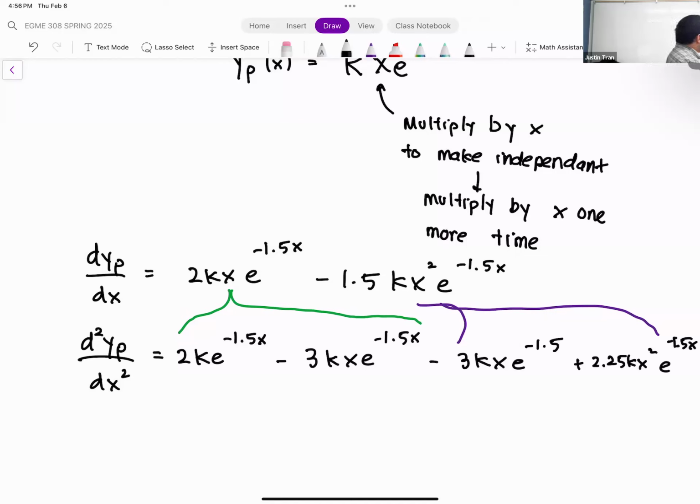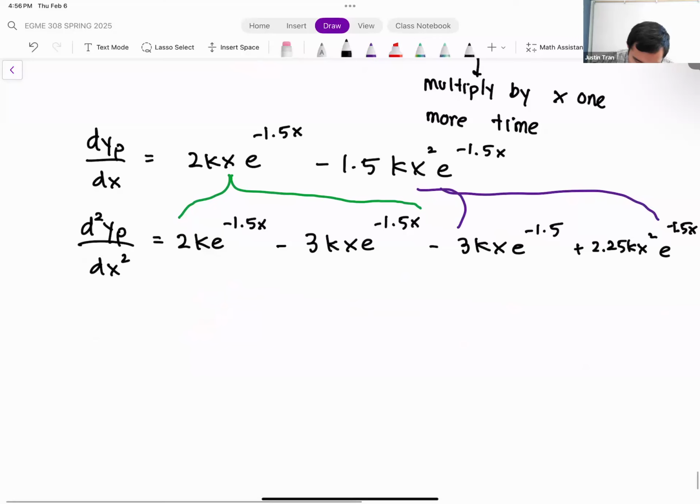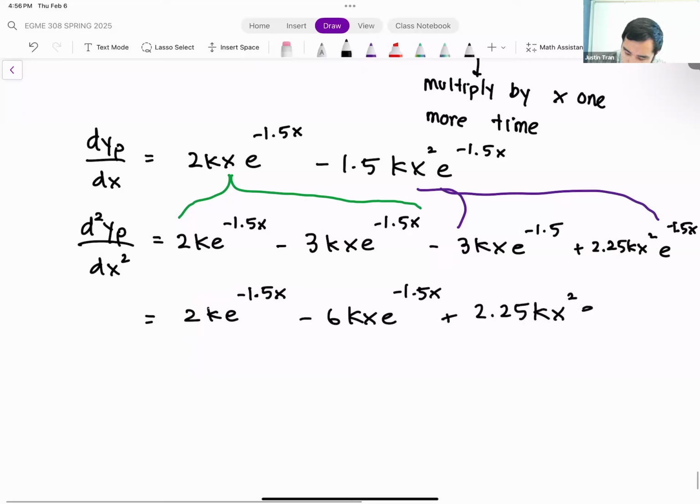Before we plug this in, we can of course simplify this, and those two terms in the middle can be combined together. When we simplify this, we get 2k e to the minus 1.5x minus 6kx e to the minus 1.5x plus 2.25 kx squared e to the minus 1.5x.